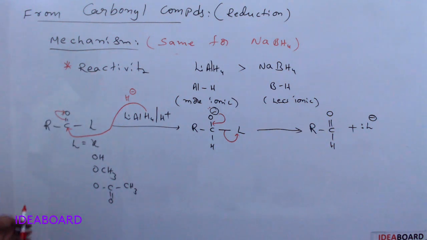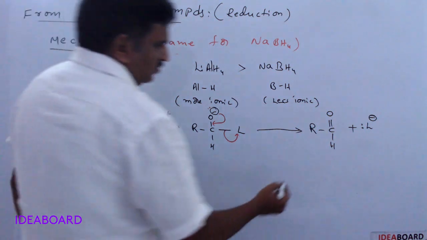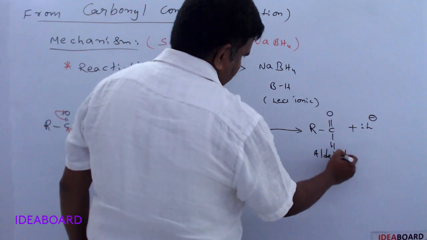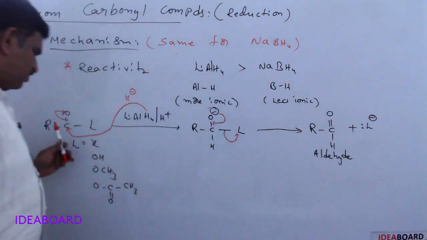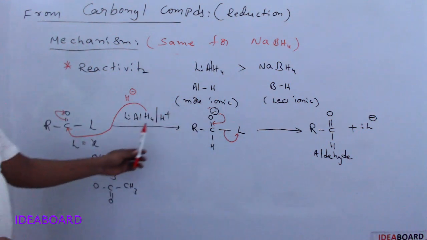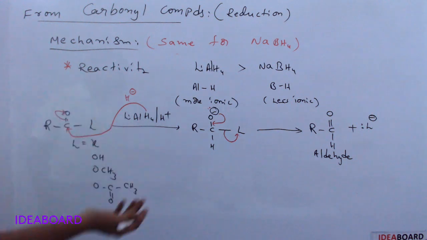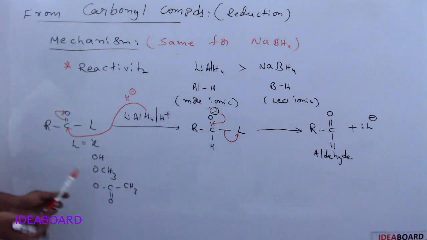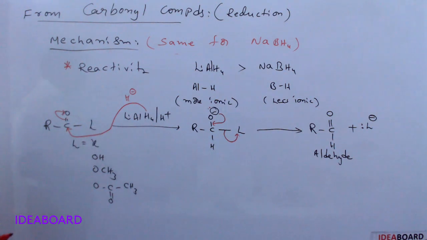So finally, aldehydes are formed. If you take this type of reagent, we get an aldehyde. Then the next process is the same as before: we said aldehydes and ketones react with lithium aluminum hydride.